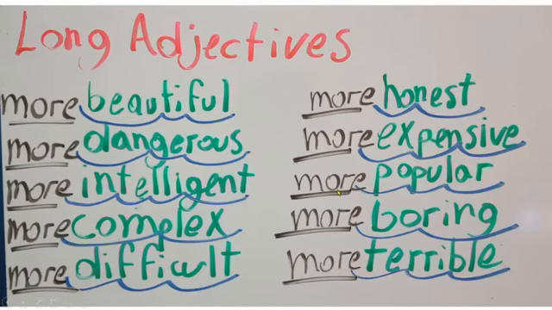All of them are long adjectives. That's why we use more before the adjective, and then we have to add than. More beautiful than, more dangerous than, more intelligent than, more complex than, more difficult than, more honest than, more expensive than, more popular than, more boring than, and more terrible than. Okay, don't forget to use than after the adjective.